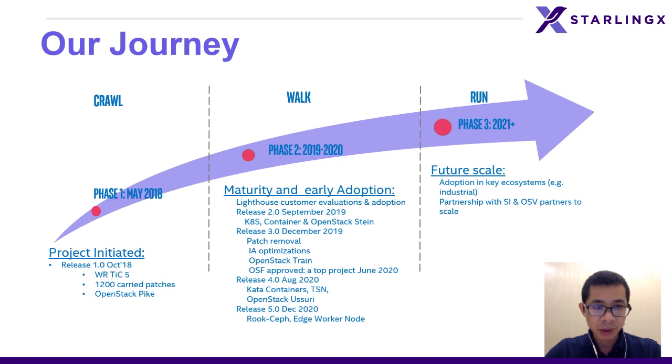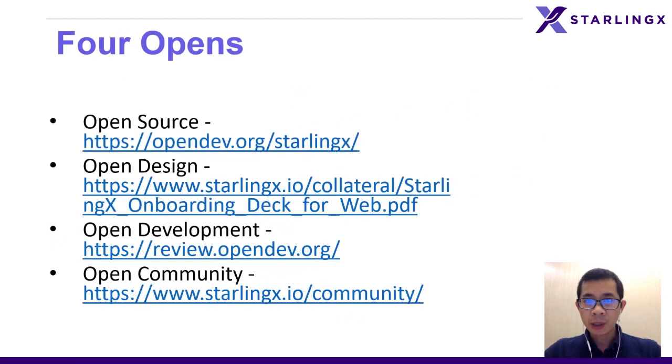Going through 3 years, we are ready to step up to the run stage in the next and following years. There, we are going to aim at ecosystem development with our partners in all edge computing segments. Because we are a part of the Open Infra family, the StarlingX community always promotes 4 opens. First of all, projects in StarlingX are fully open source.